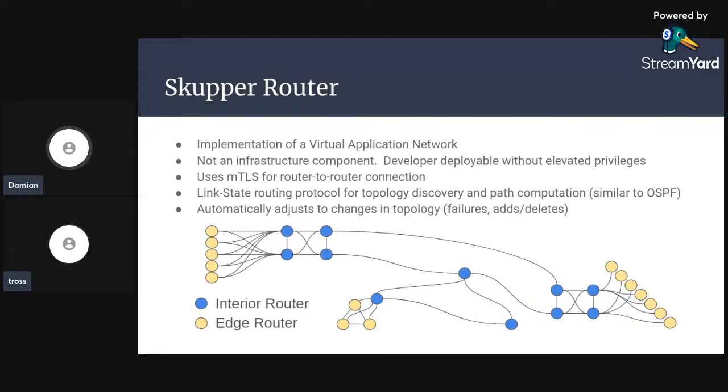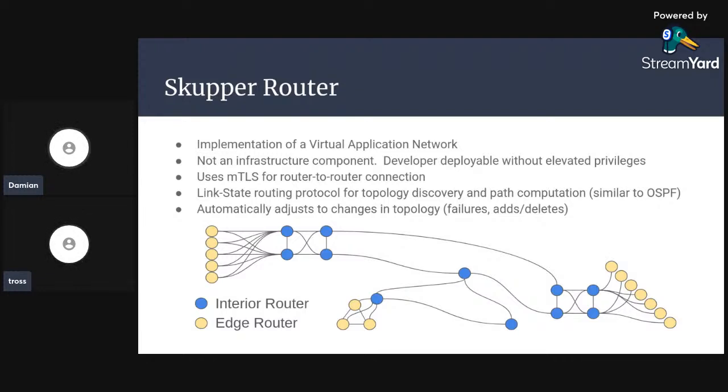So what is this? Virtual application network is the concept that I'm talking about. The Skupper router is the implementation and realization of this concept. I want to point out, very important, that this is not an infrastructure component. This is not something that your IT department is going to slot into a rack and make part of your infrastructure.